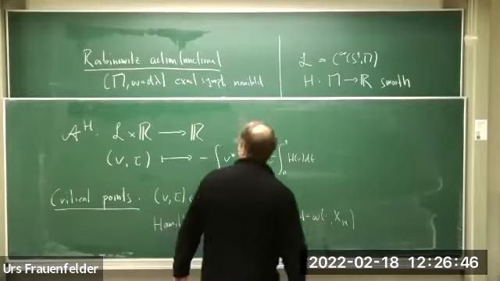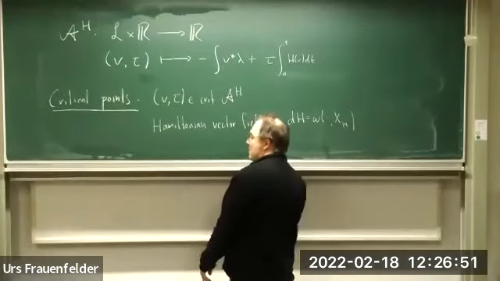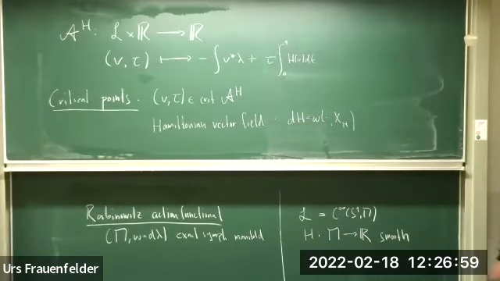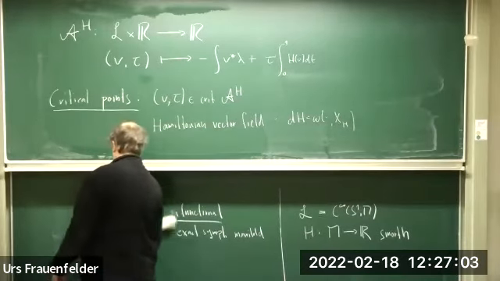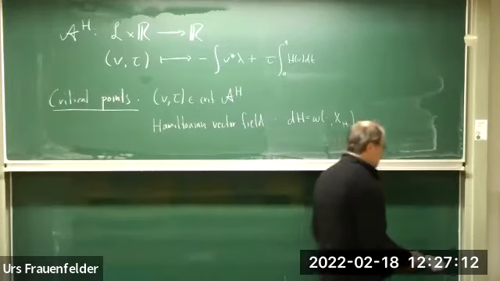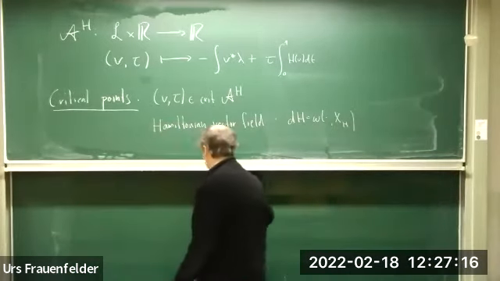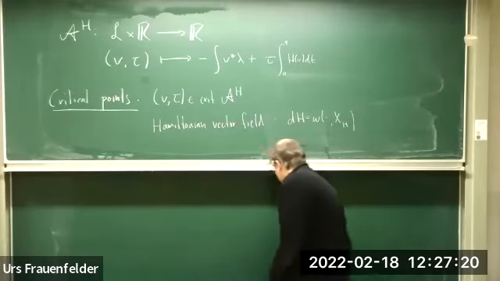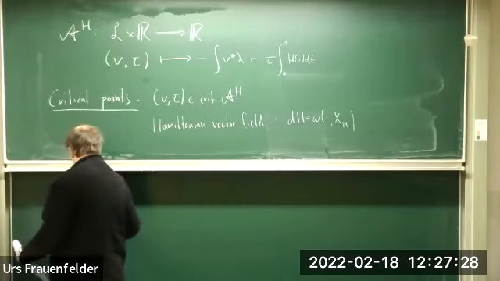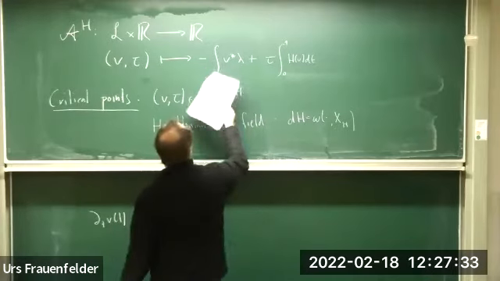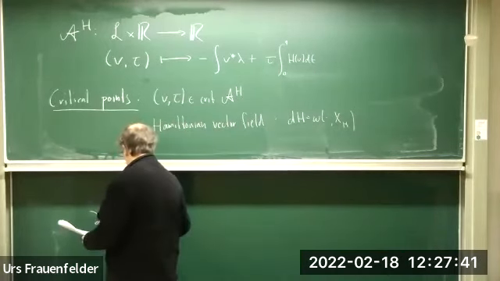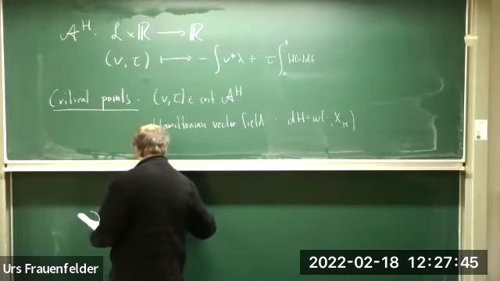So our first equation is: if you differentiate the area, and then differentiate τH with respect to the loop, we get v̇ − τX_H(v) = 0.